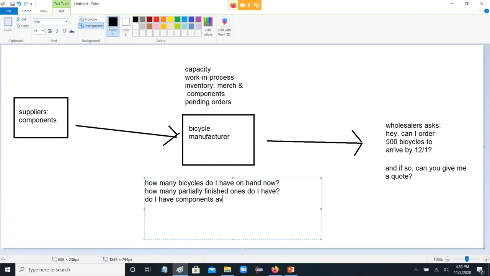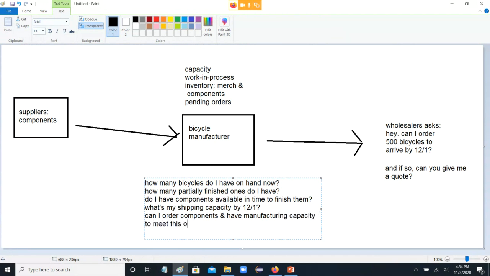Do I have components available in time to finish them? What's my shipping capacity by December 1st? If I don't have enough bicycles on hand, can I order components and have manufacturing capacity to meet this order? And that's just the manufacturing side of it.